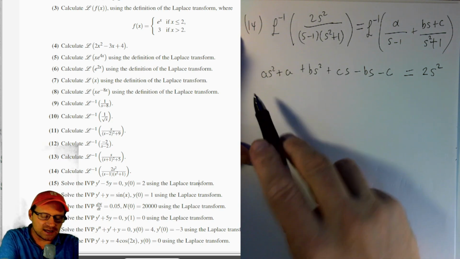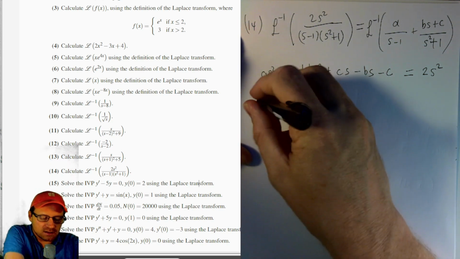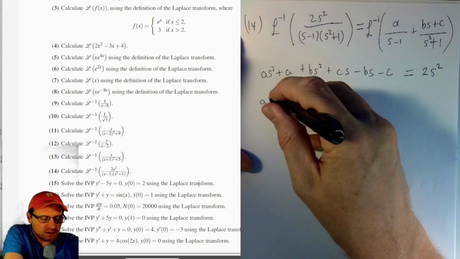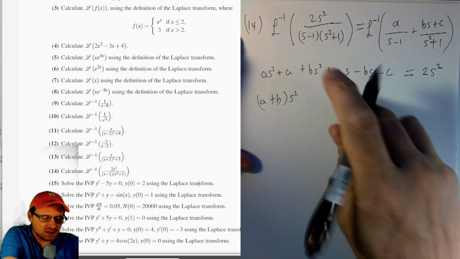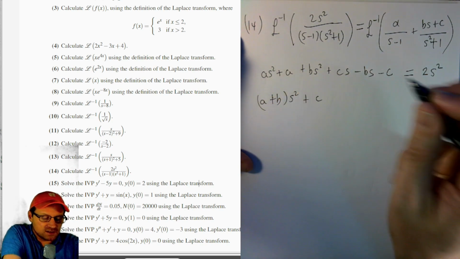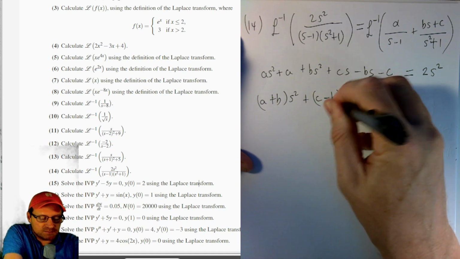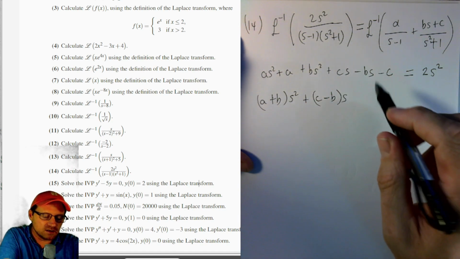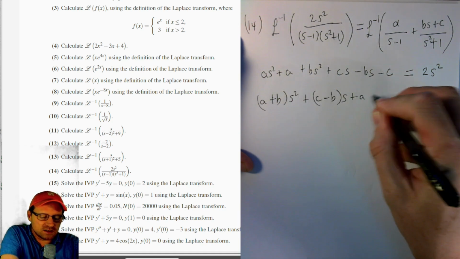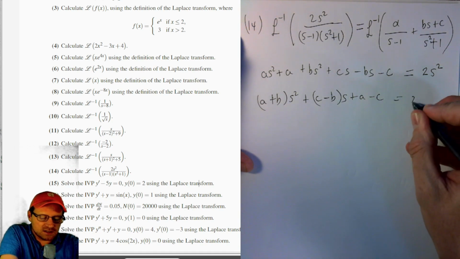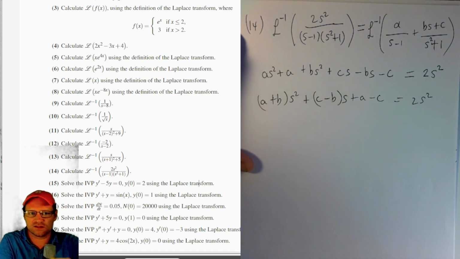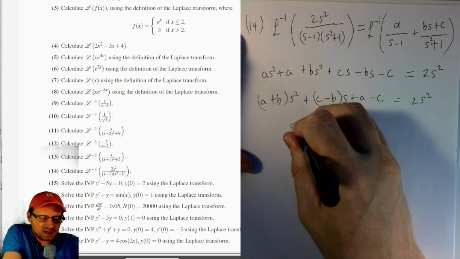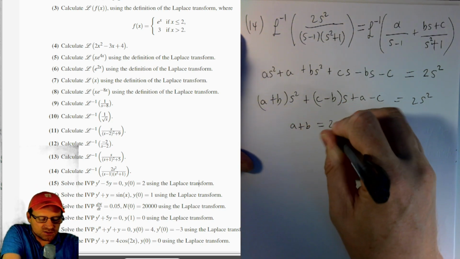Okay, so let's collect in terms of s. So we have (A + B) outside of s², and then plus (C − B) times s, and then plus (A − C) is 2s². Okay, so that gives us 3 equations. A plus B is 2.